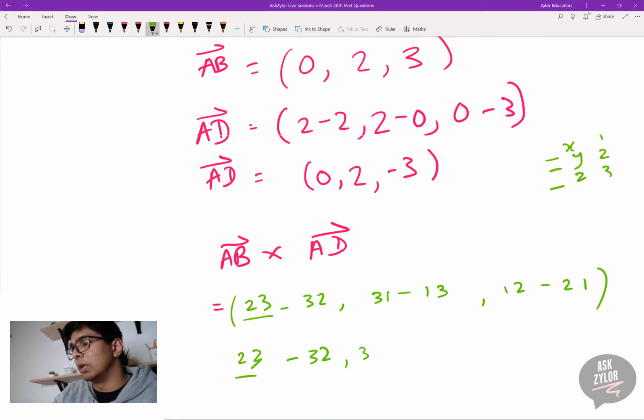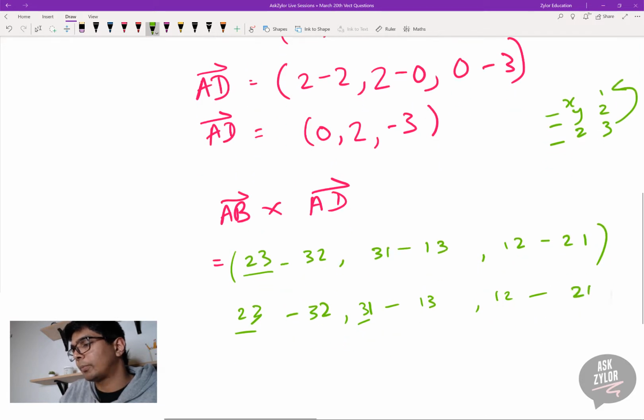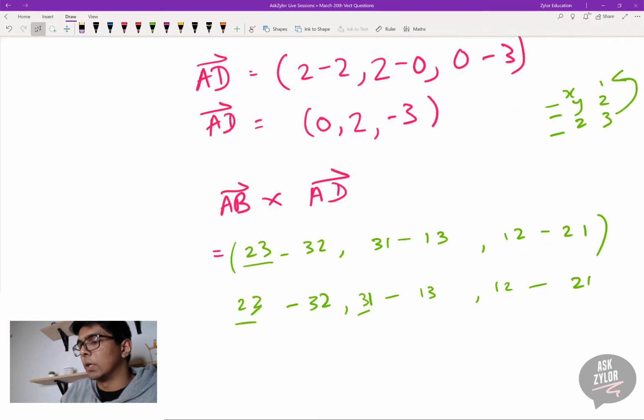So 1, 2, 3. I can't go above 3, so I drop back down to 1. So I get 3, 1 minus the opposite of 3, 1, which is 1, 3. Then I do the same step. I add 1 to 3 and 1, which gives me 1, and 1 plus 1 gives me 2. The opposite of that is 2 and 1. So that's how I remember the cross product.